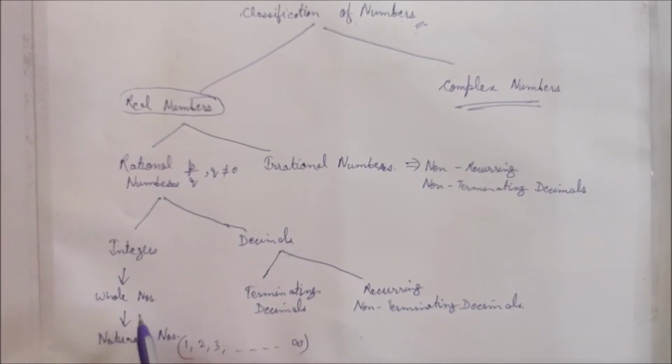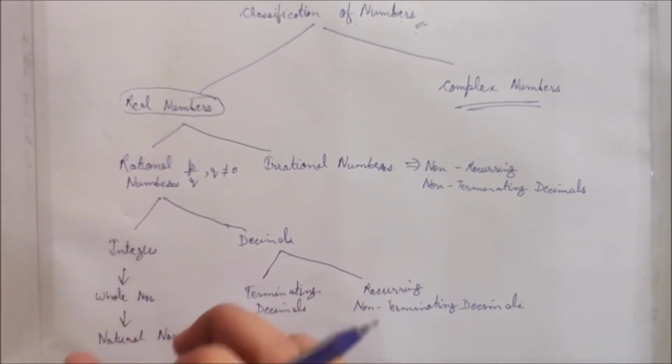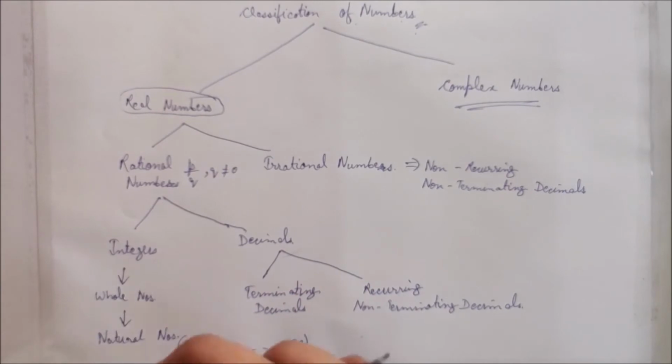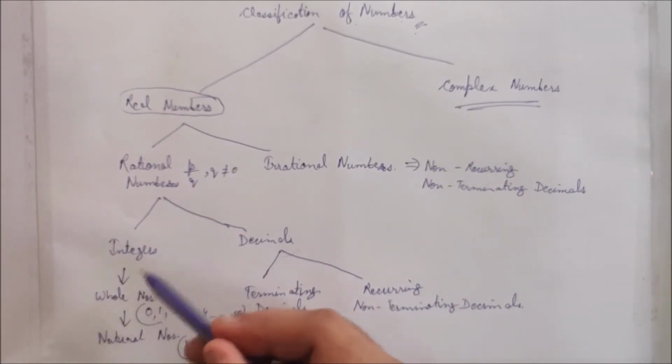However, whole numbers. As you can see, natural numbers are a part of whole numbers. So definitely 1 to infinity is a part of whole numbers. What's unique about whole numbers is that they contain a 0 as well. 0, 1, 2, 3, 4 till infinity. They are all whole numbers. Now, whole numbers are a part of integers.